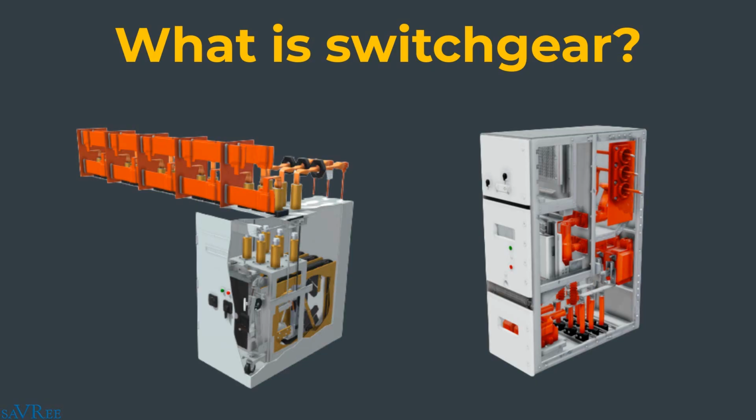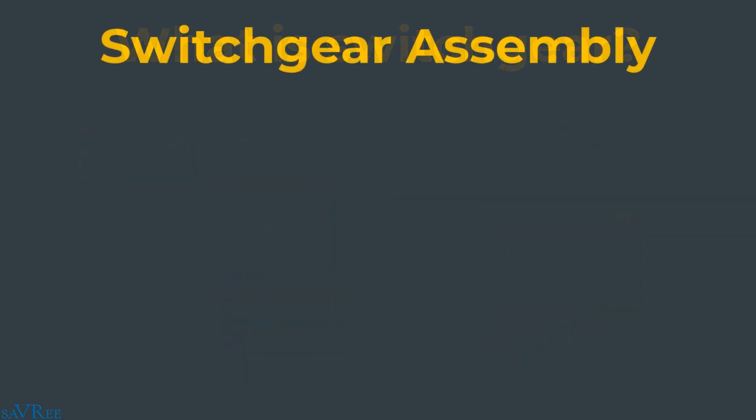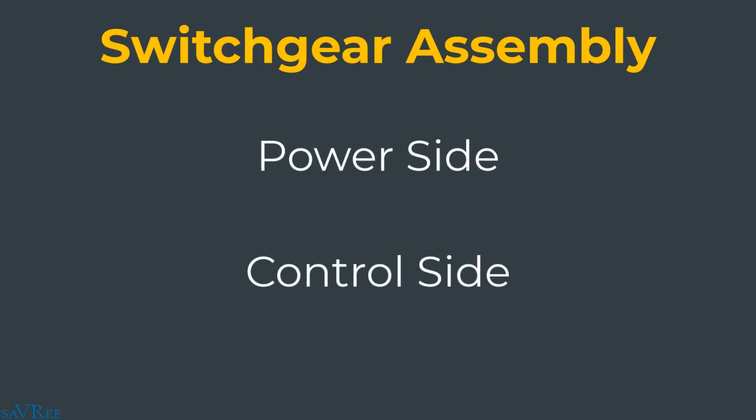Well, switchgear is not really a single item. It's a group of components that have been assembled together that represent a switchgear. We can refer to all of these perhaps as a switchgear assembly. Switchgear has two main parts, the power conducting part and the control system part. The power conducting part is the part where our primary circuit, our primary electrical system, is flowing.